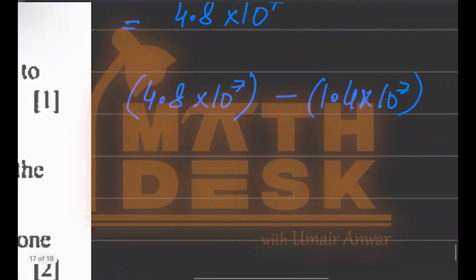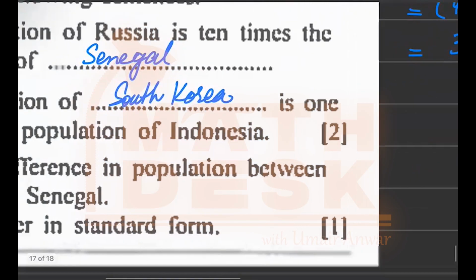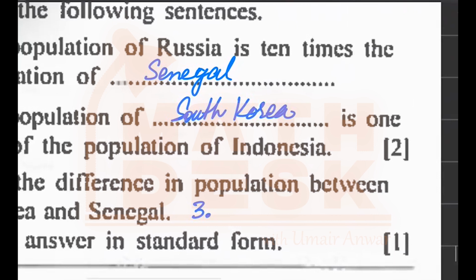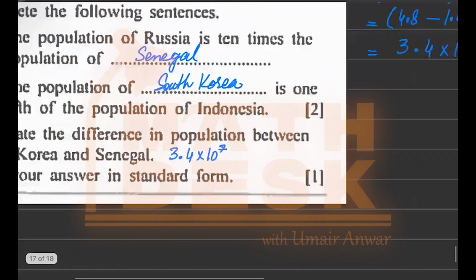Now, 10 raised to 7 should be taken as the common factor, and 4.8 minus 1.4 would be left over. So it would become equal to 3.4 into 10 raised to 7. So this is the answer of this difference. Give your answer in the standard form. So we have already written the answer in the standard form.